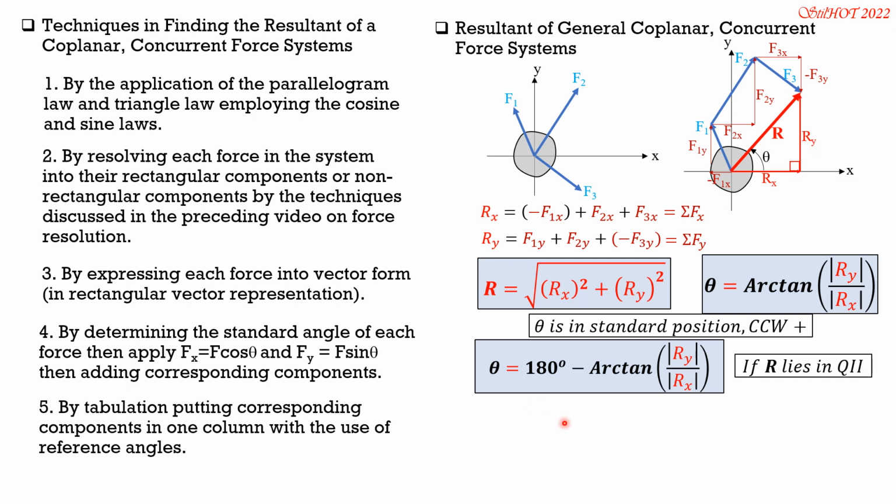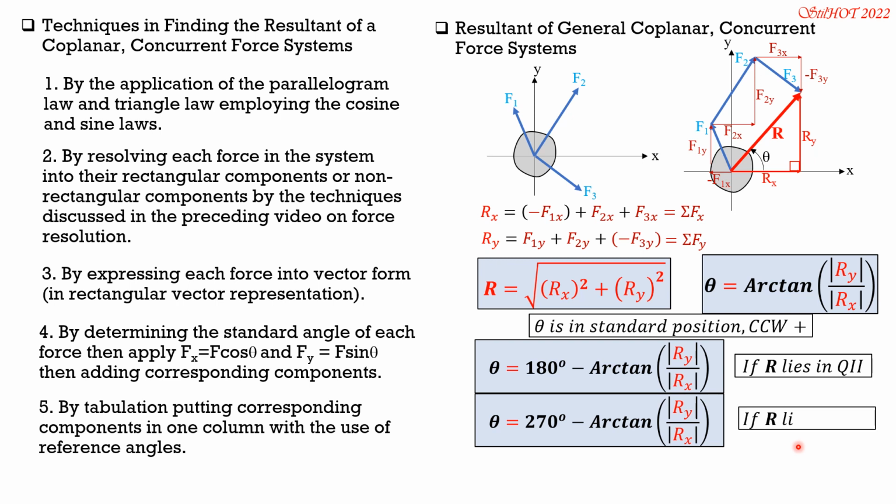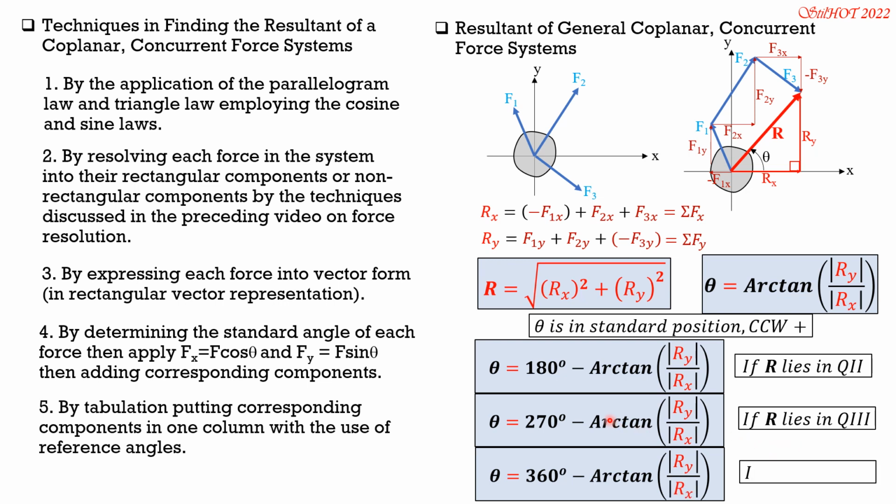If R lies in the third quadrant, theta is 270 degrees minus arctan of absolute value of Ry over Rx. And lastly, theta is 360 degrees minus arctan of absolute value of Ry over Rx if R lies in quadrant 4.